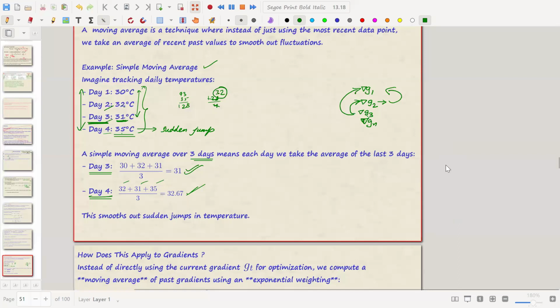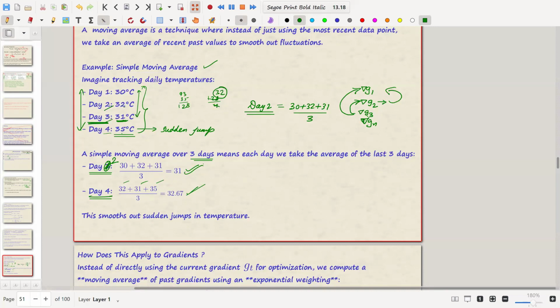So I just made a typo here. When you are computing the moving average over 3 days, of day 2, if I want the moving average of day 2, I need to take 1, 2, and 3. So that means it is 30 plus 32 plus 31 divided by 3. This I have written as 3 by mistake, so it should be 2.